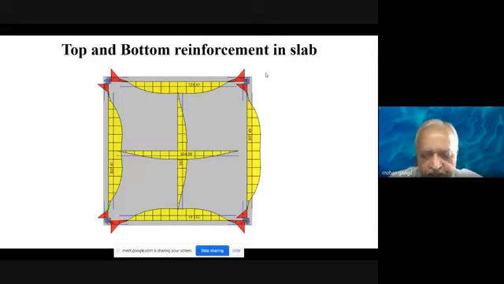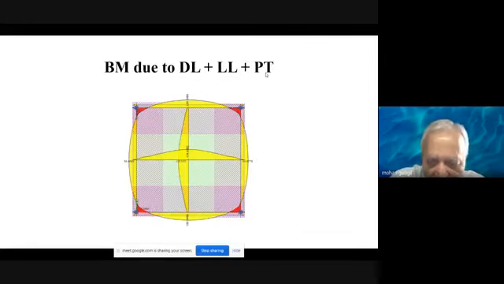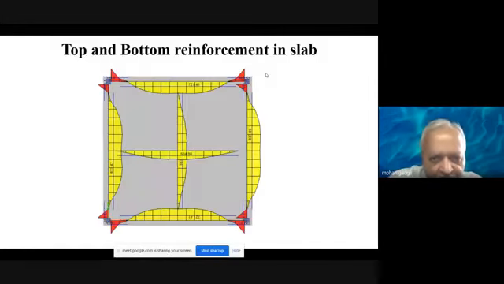Now, once the moments are developed, the reinforcement is internally worked out. So we have this reinforcement in the middle strip over here. It is about 504 square millimeter in the entire middle strip. The middle strip is 4 meter wide, so in 4 meter width, you have to provide 504 square millimeter of area.